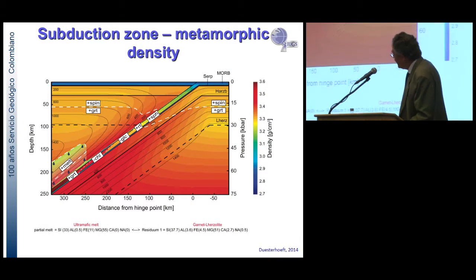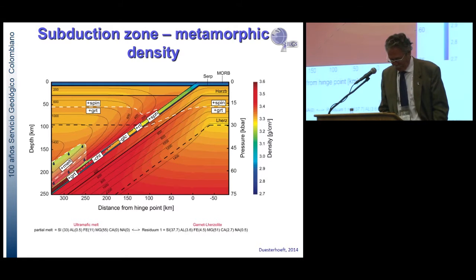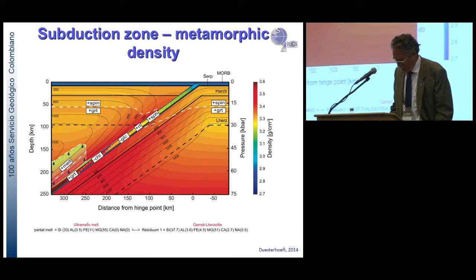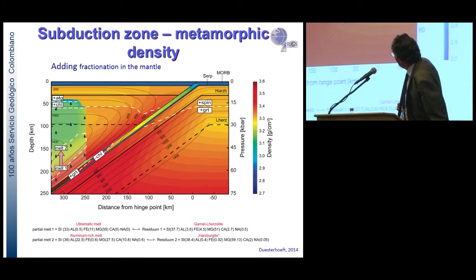The first thing that everybody is acquainted with is there is nothing like melt in the mantle that does not fractionate. So we added fractionation in the mantle to our model. And you see immediately density inversion explodes in this area.